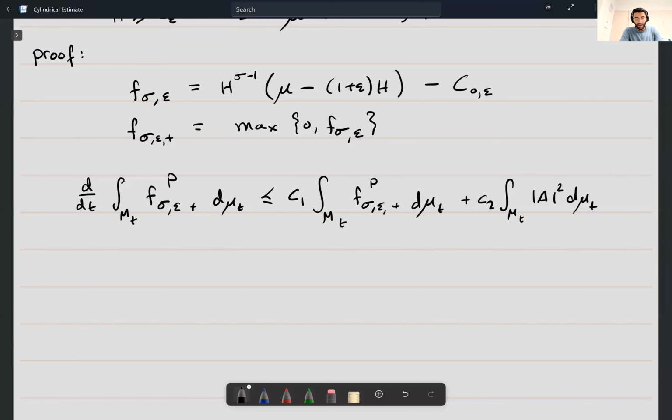So in a lot of these calculations, what we want to do is show that this Lp norm of f sigma epsilon plus is bounded. In Huisken's theorem, how do you do that? You look at this quantity, look at its time derivative, and show that the time derivative is less than or equal to 0, so it's bounded by its initial value.